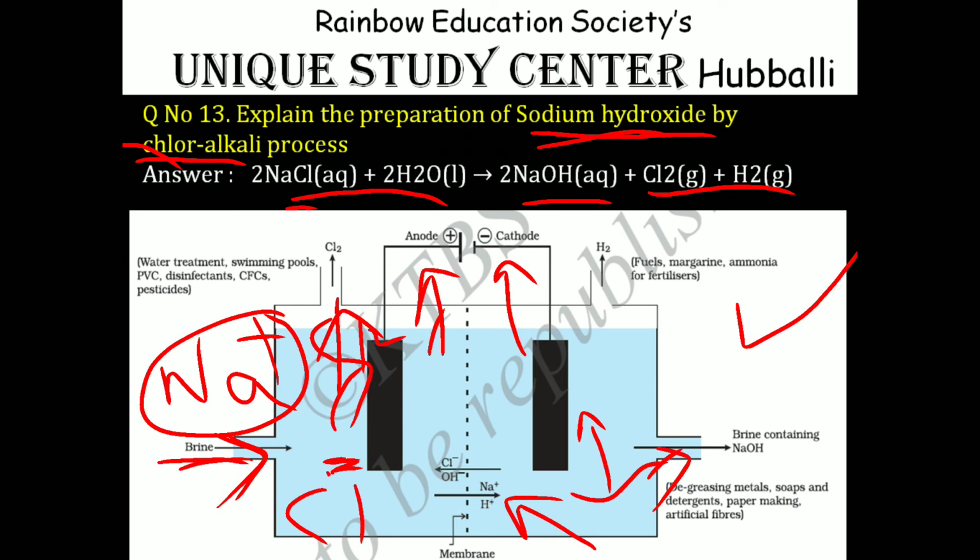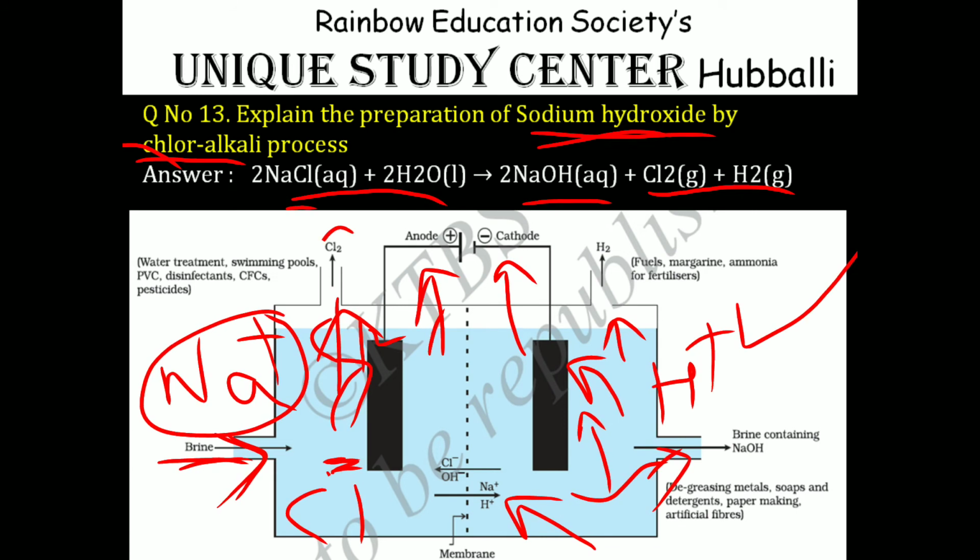The hydrogen present in the water molecule carries positive charge, so it is attracted by the cathode, and by receiving electrons it is liberated as hydrogen gas.